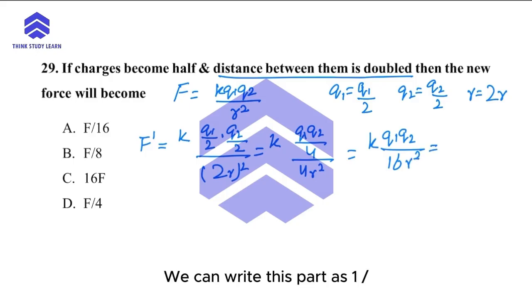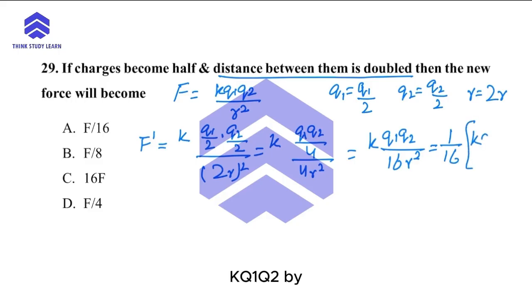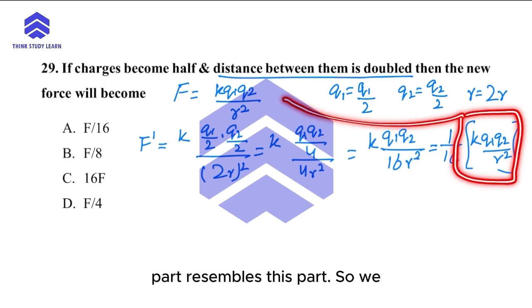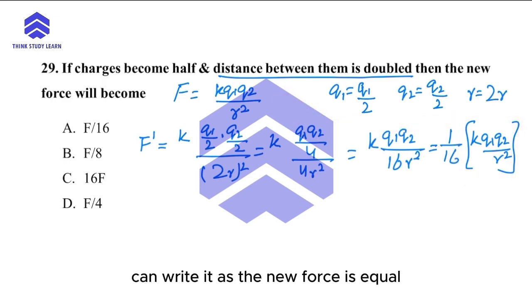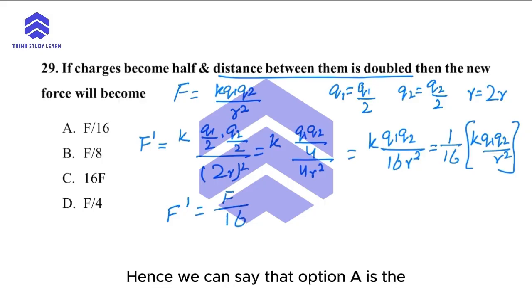We can write this part as 1 over 16 into K Q1 Q2 divided by R square. As this part resembles the original force, we can write it as the new force is equal to previous force divided by 16. Hence, we can say that option A is the correct answer.